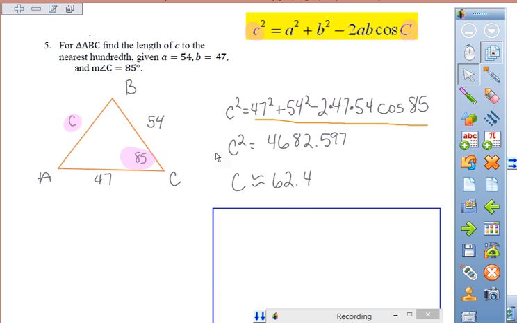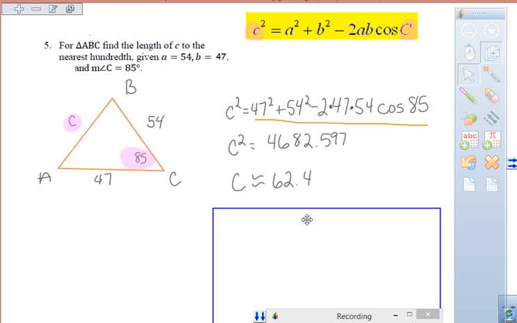And then the last thing we want to do is take the square root of that answer and get 62.4. This is the type of problem that we worked on during part 1. Let's get a step harder.